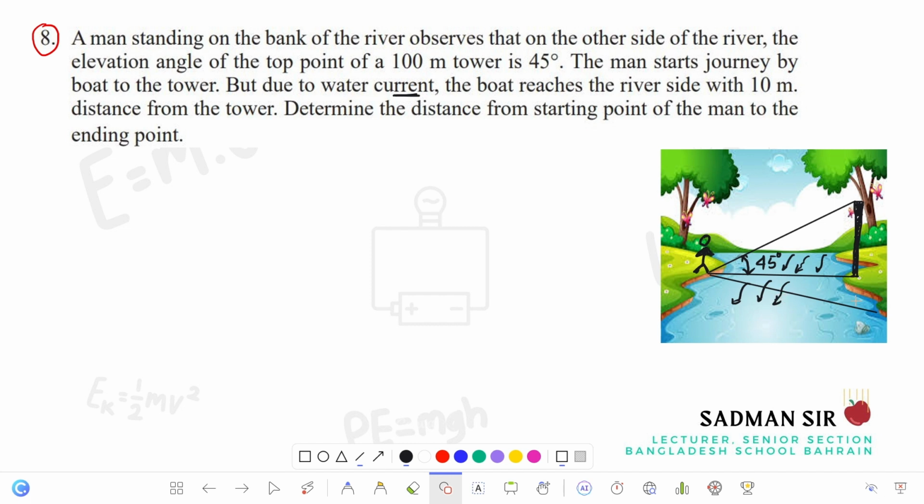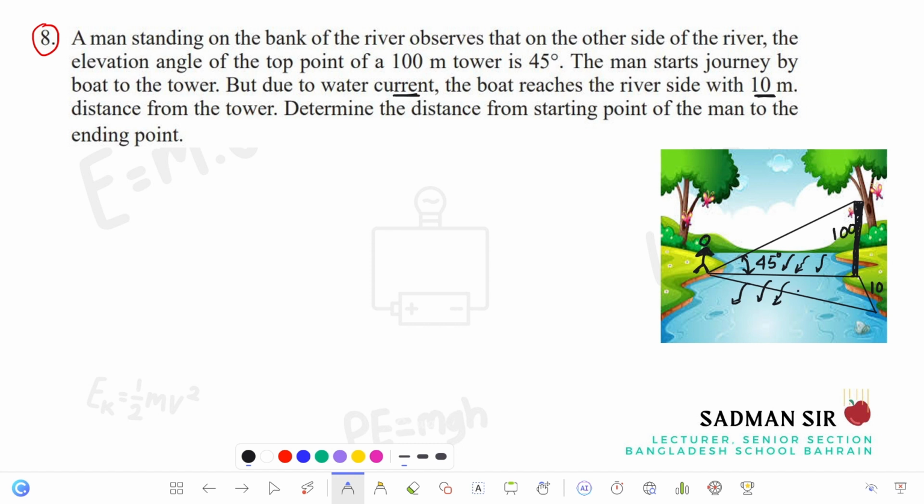Again, we can understand that this is normal, right? It can happen when the water is flowing. And the point where he reached is 10 meters away from the tower. That means from the tower, this point is at a 10-meter distance, and the height of the tower is 100.